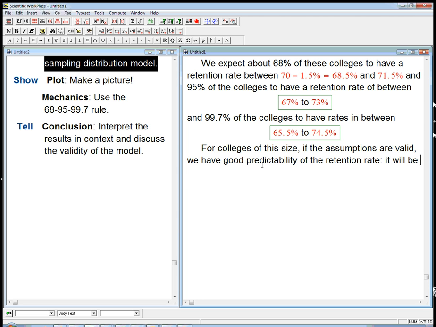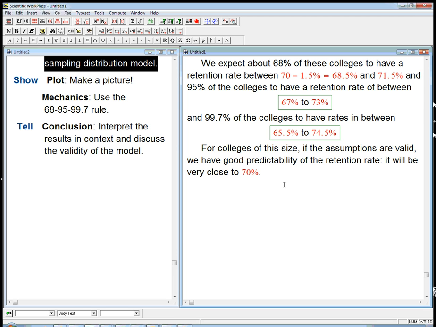It will be very close to 70%. Okay. Another way to say it might be, if you then discover a college with 900 people in the freshman class that had a retention rate that was very different, then the assumptions must not be valid for that college. It's not really representative of the population.